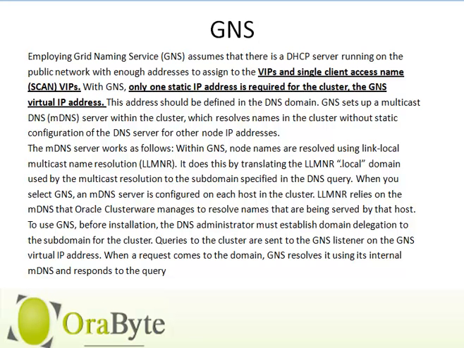So employing grid naming service, GNS assumes that there is a DHCP server running on the public network with enough addresses to assign to the VIPs and single client access name, SCAN VIPs. So the application VIPs and VIPs for the SCAN will dynamically get the IPs from the DHCP server.